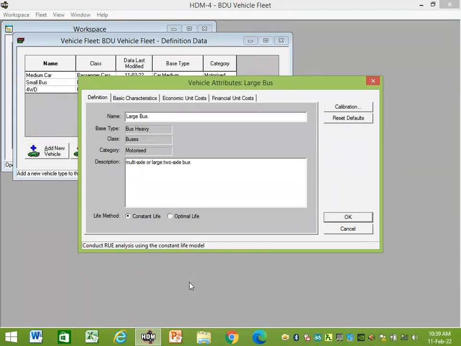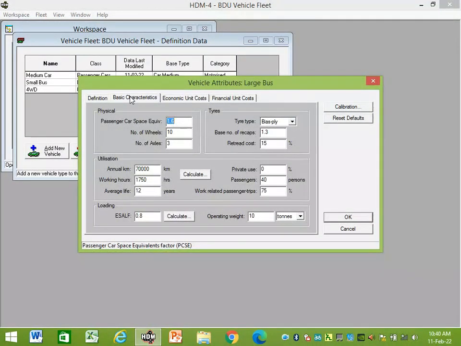Large bus, constant life. Depreciation is constant. Basic characteristics: 70,000 kilometers, 1,750 hours. Average life of the bus, 12 years. Private use, 0.